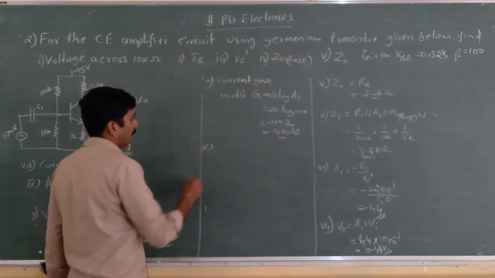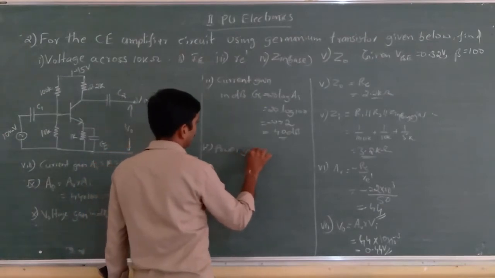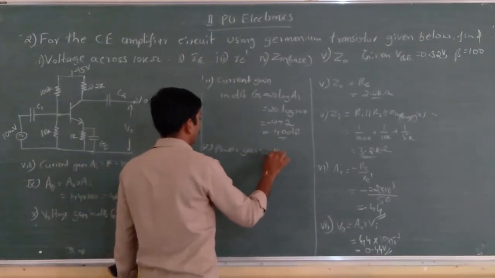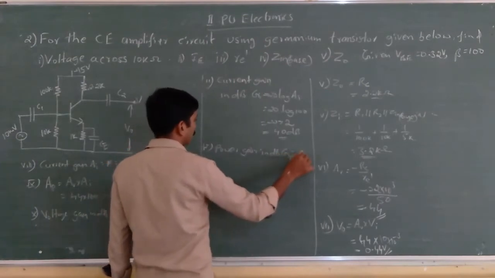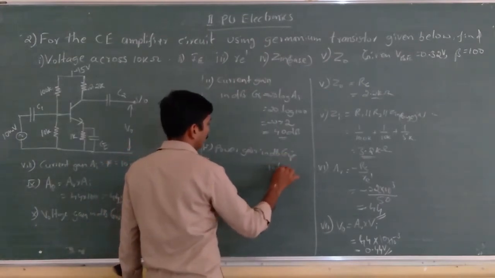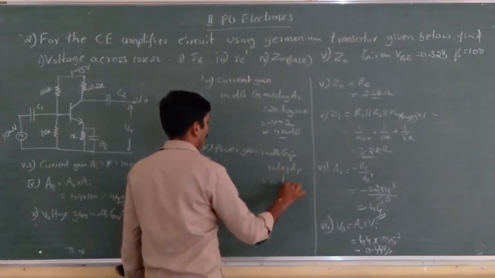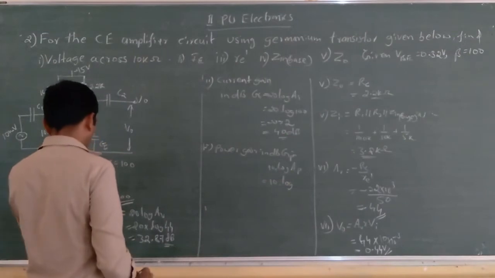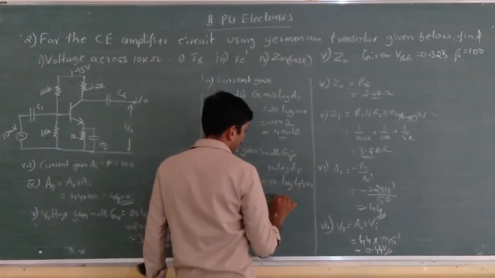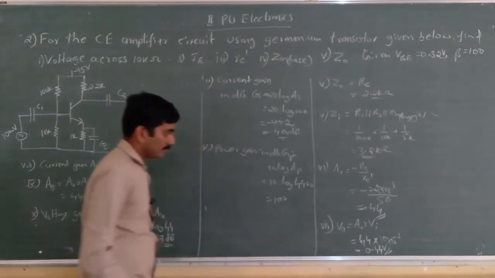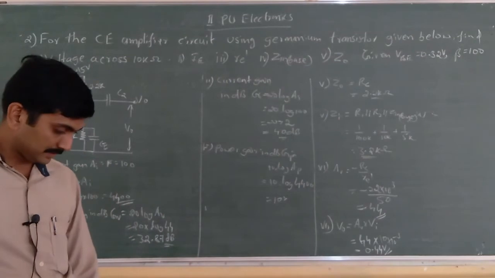12th one, power gain in decibel. What is power gain in decibel? That is GP equal to 10 log AP. What is 10 log AP? 10 into log of power gain 4400.